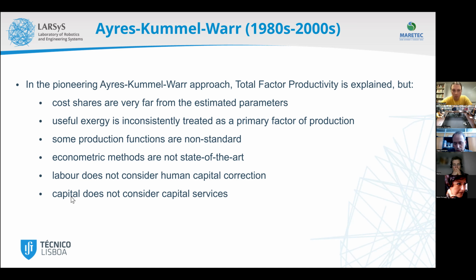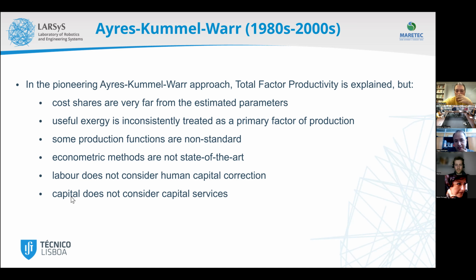And let me now add one thing which is important about useful exergy. In a moment, I'll explain in more detail useful exergy. But the important thing about useful exergy is that it is at the useful stage and not at the primary stage. So it is not coal under the ground. It is not electricity coming out of a power plant. It's the light coming out of a lamp, or the mechanical work coming out of an engine, or the cold air coming out of an air conditioner.